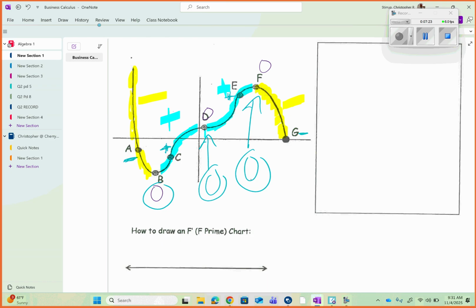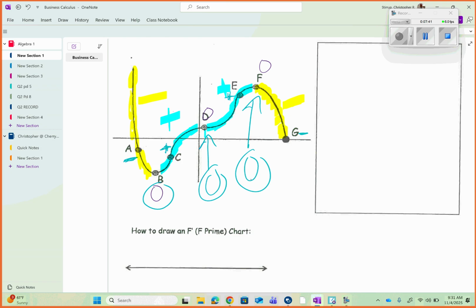So if I knew what the function was mathematically, I took the derivative and plugged in the x value of the B point, or the D point, or the F point into the derivative, my answer would be 0.